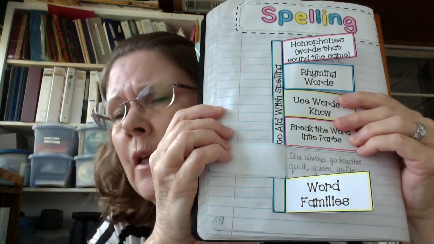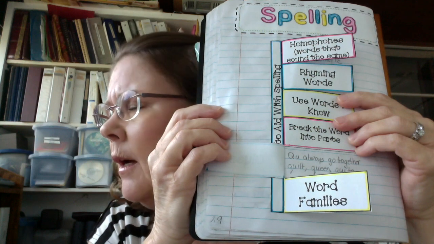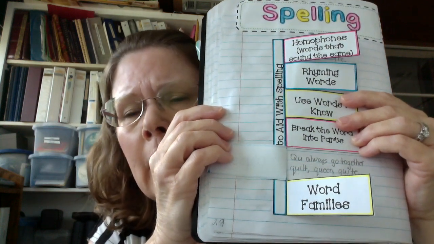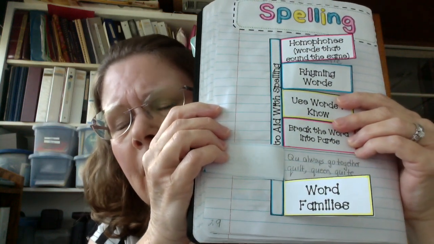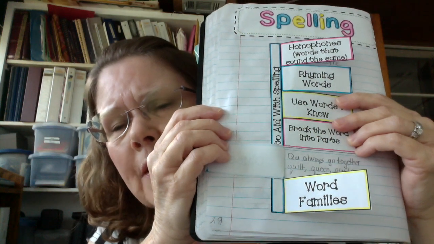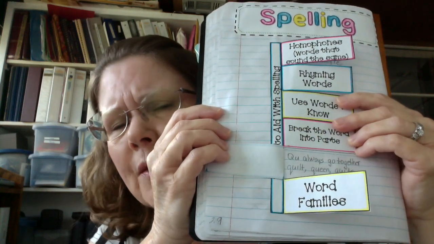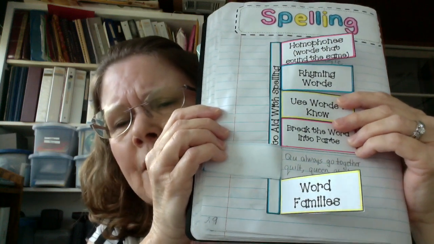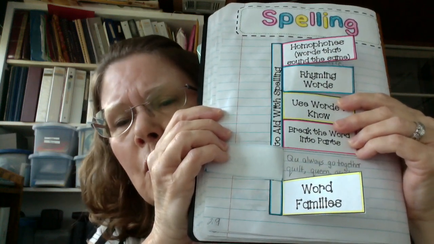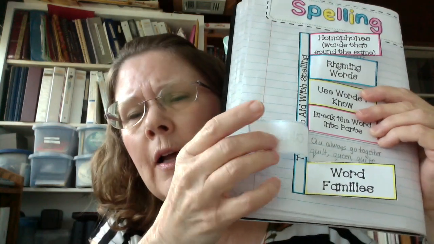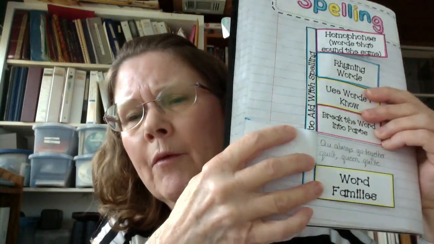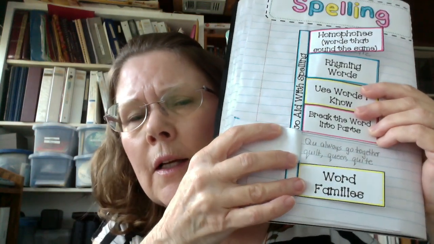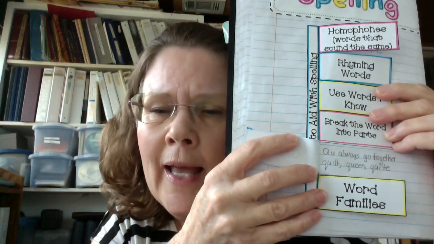Any English word that you will see, except for maybe 3 that come from other languages that don't have this rule, almost every word that you'll ever come across that has a Q in it always has a U after it.